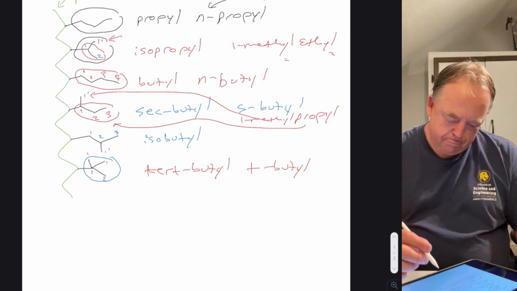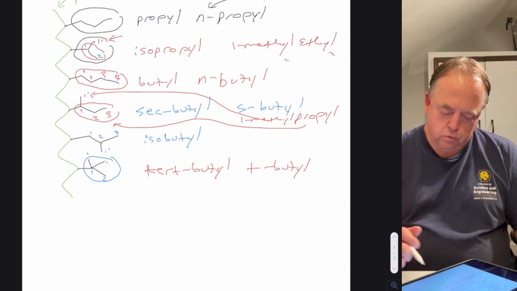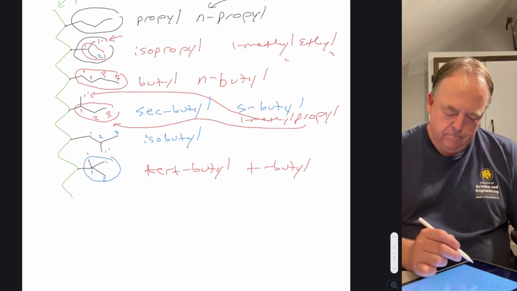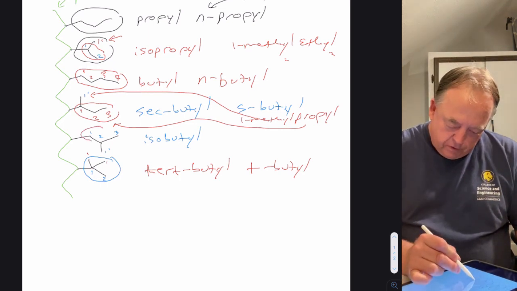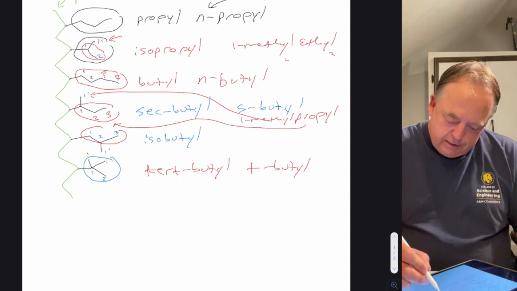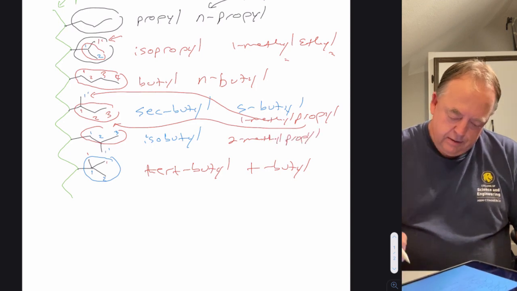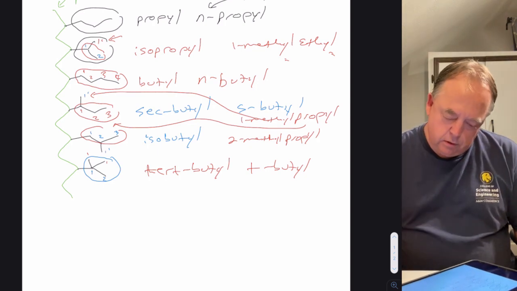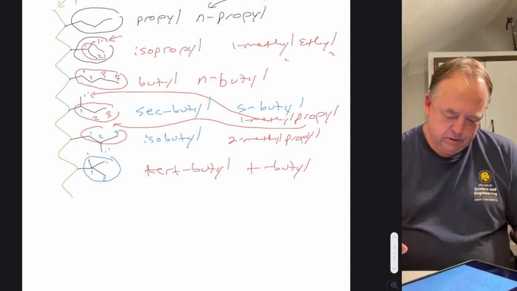So then what would be the systematic way to name isobutyl? So again, you have a propyl off of the parent, a 3-carbon chain off of the green. And in this case, it's a 2-methylpropyl. So isobutyl is the same thing as 2-methylpropyl, or sec-butyl is the same thing as 1-methylpropyl.